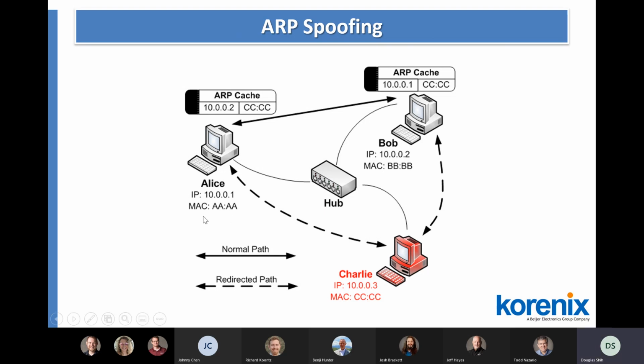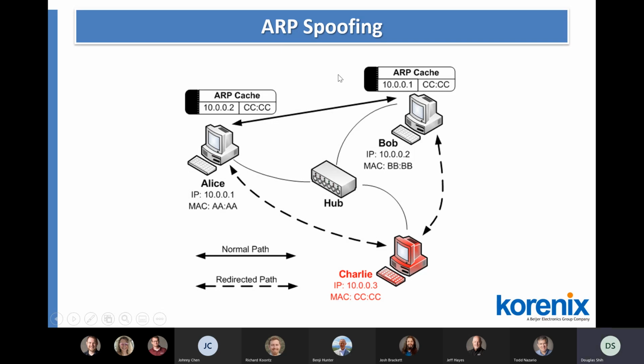For this example, client A uses IP address 10.0.0.1, and its MAC address is A. Client B uses IP address 10.0.0.2, with MAC address B. As usual, if they want to communicate with each other, they need to use the IP address and the MAC address to send traffic between the two PCs.